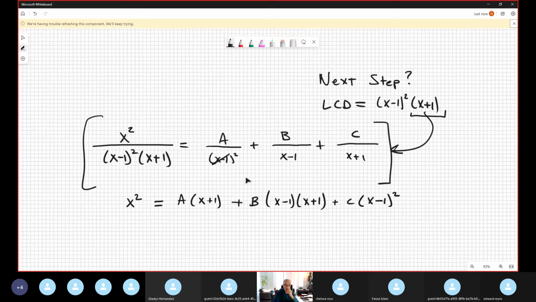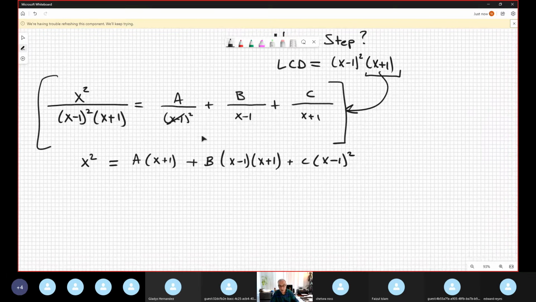Now I try to do my best using the smart values, which I know are easier. The smart values are obviously 1 and negative 1, I guess. But let's do it one by one. Slow down. When you plug in 1, the c term is gone and the b term is gone, and I stay only with a.